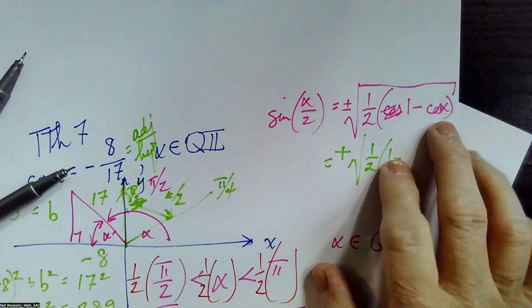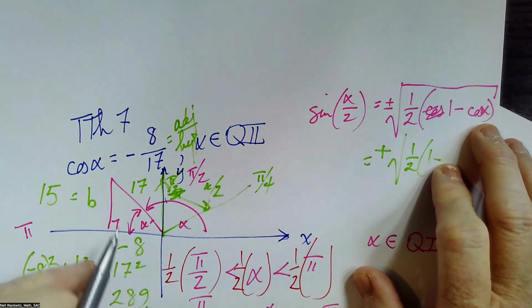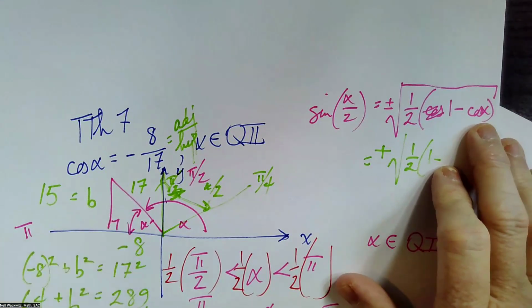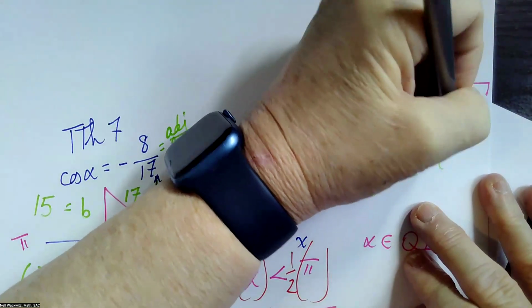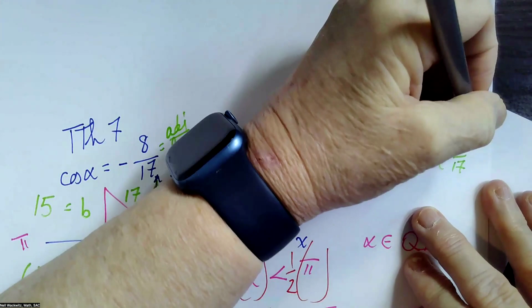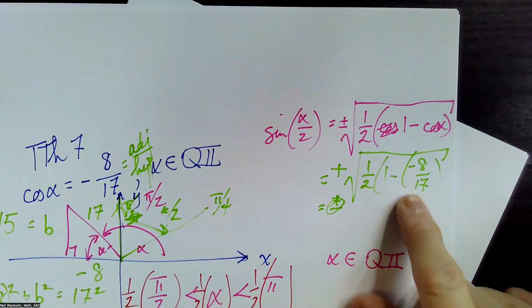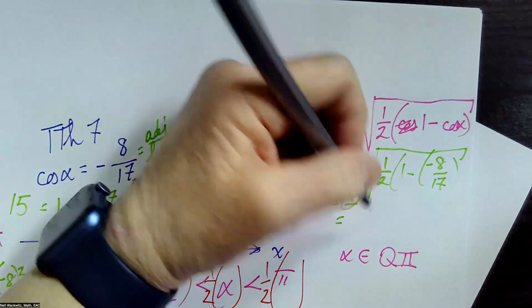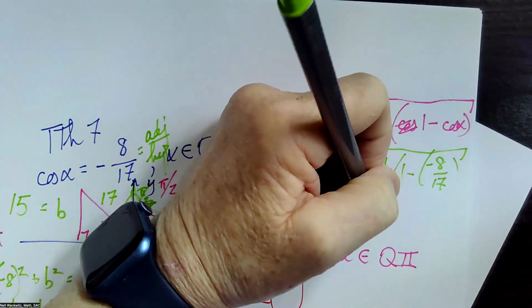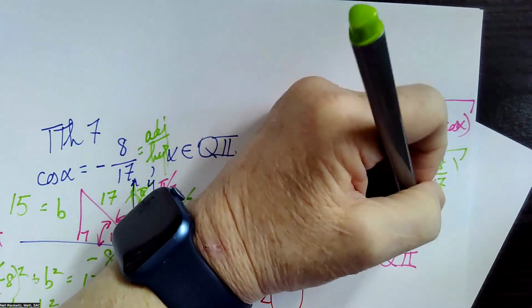And the cosine of alpha is adjacent over hypotenuse, so negative 8 over 17. And this time we're not squaring cosine, so these two negatives do cancel. So we get that sine of alpha over 2 is the square root of 1/2 of 1 plus 8 over 17.